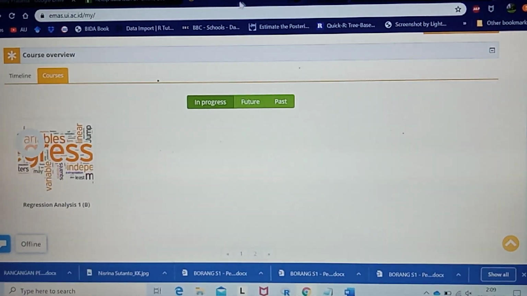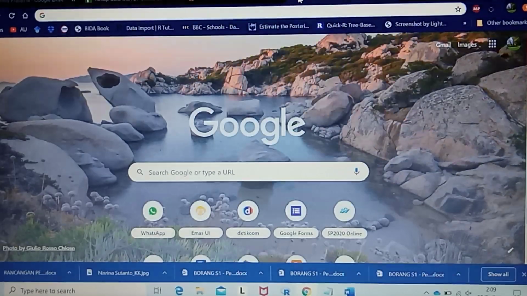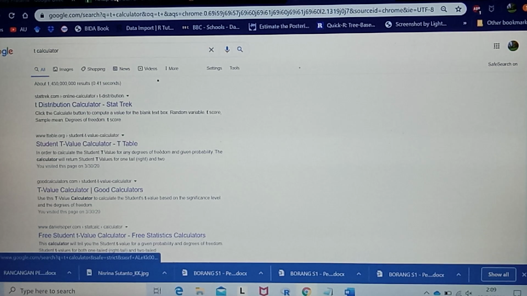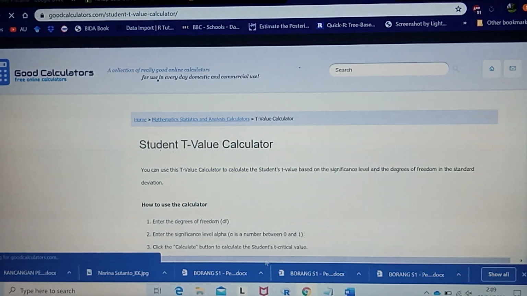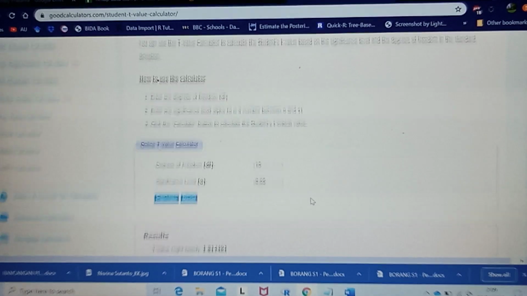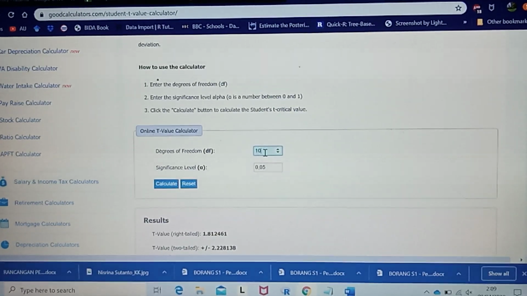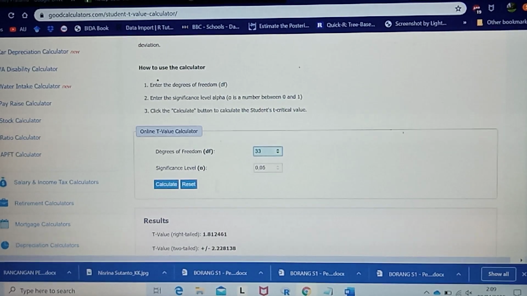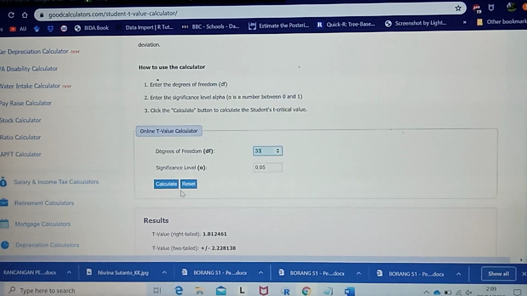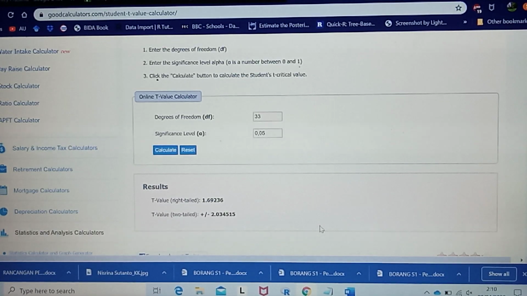Okay, so I just go here and type t calculator, and then you can choose whatever is given here. So let's say I choose this one. Here the degrees of freedom is 33, and we are testing at a significance level of 0.05, and then we have this value.